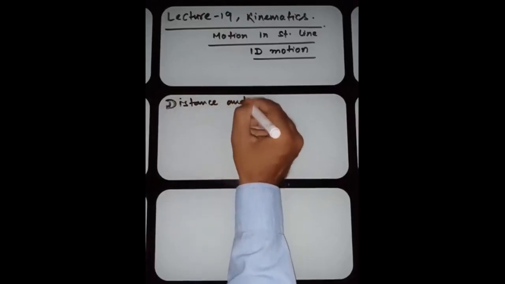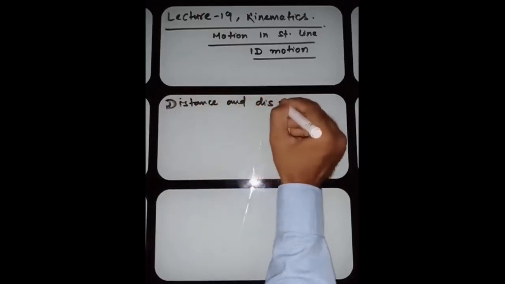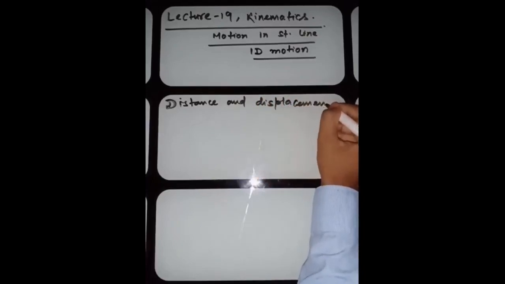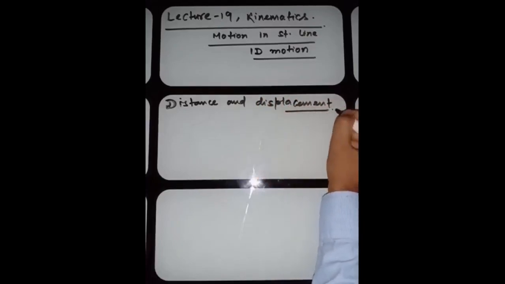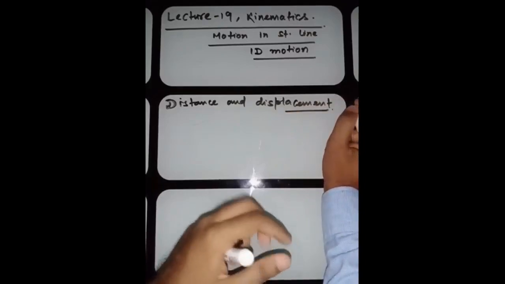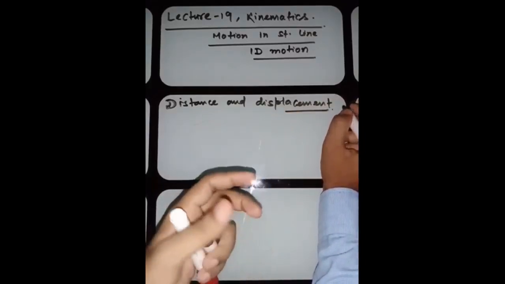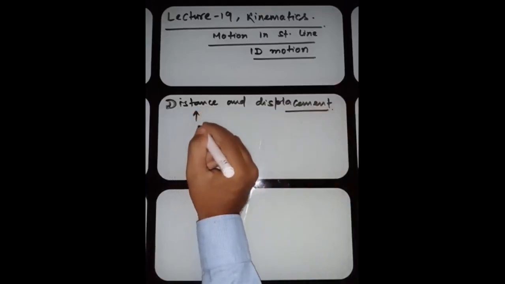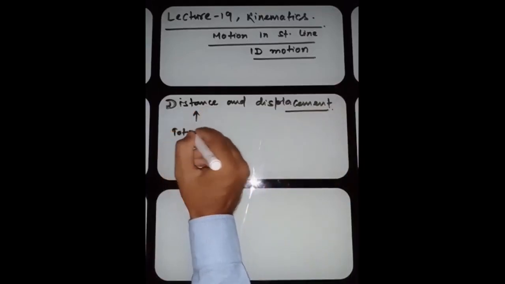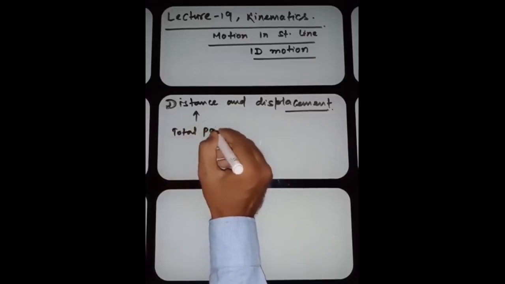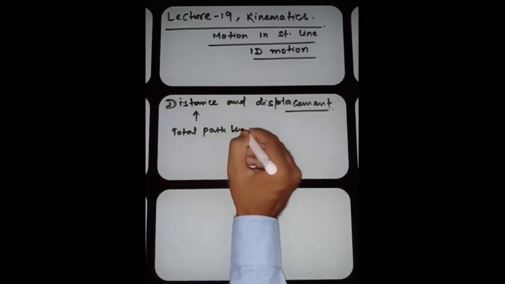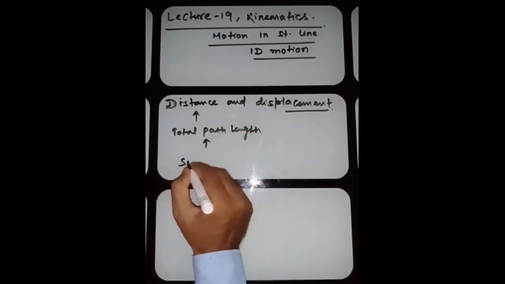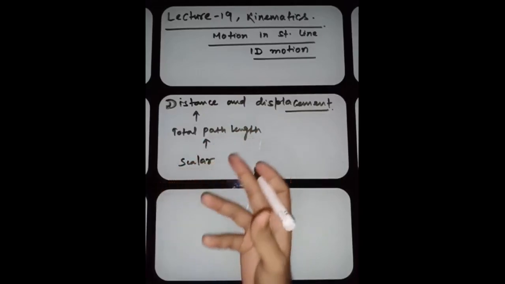My dear students, the distance we have studied in standard 9 is the total path length covered. Total path length. And this is a scalar quantity. We don't require any direction.